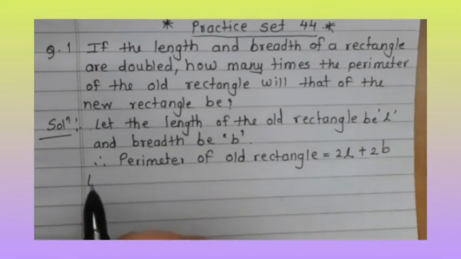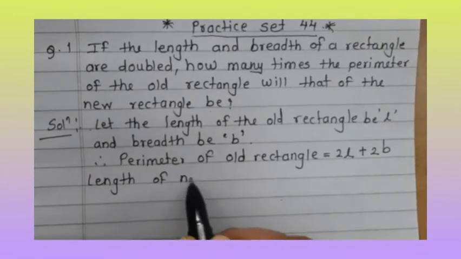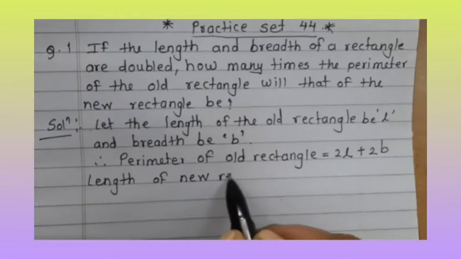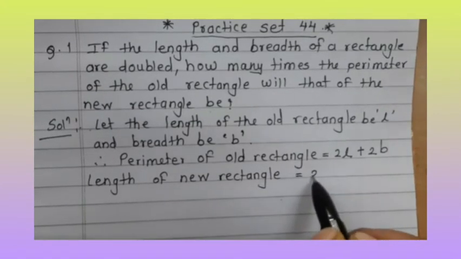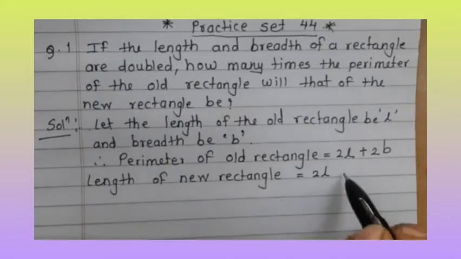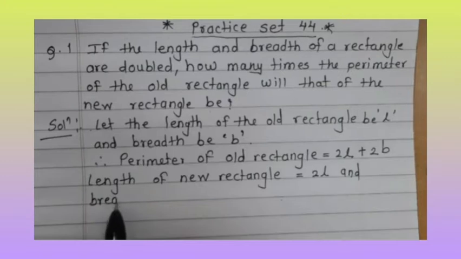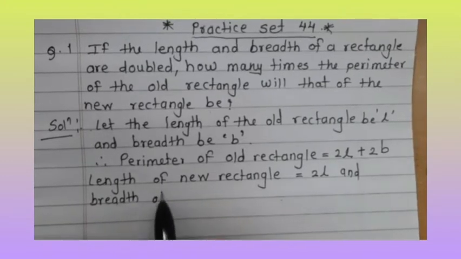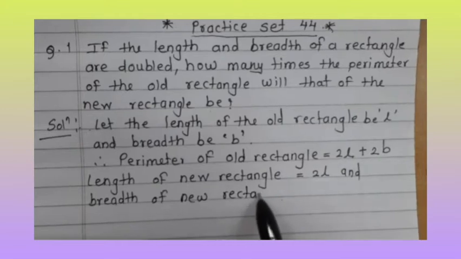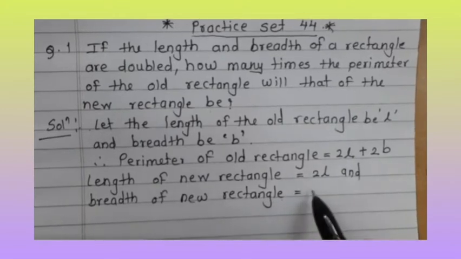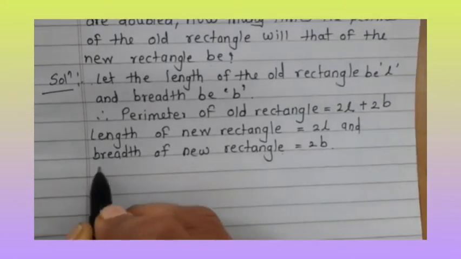So for this one, length of new rectangle is equal to 2 times L and breadth of new rectangle will be 2B. So what is the formula of perimeter?